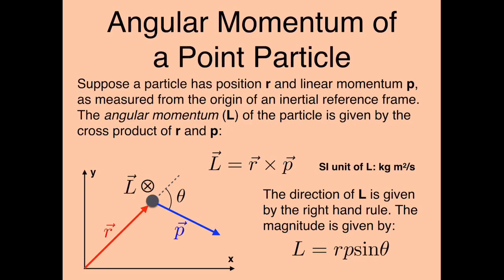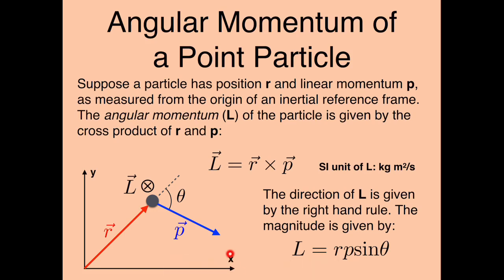Okay, so the angular momentum of a point particle. How does this work? How do we calculate this? Well, we have a particle, its mass is m, and it has a position as well as a linear momentum. We have some kind of reference frame or a set of coordinates that we're using to keep track of the motion of this particle.